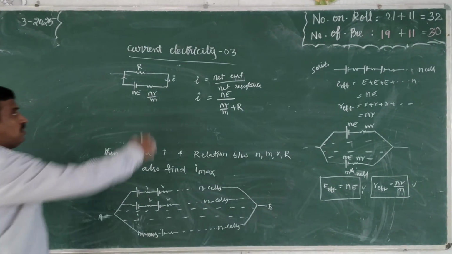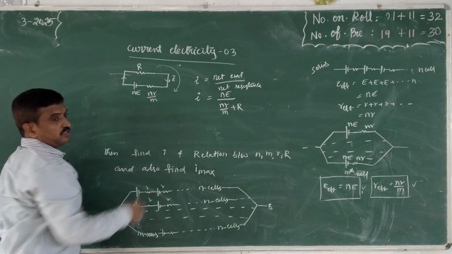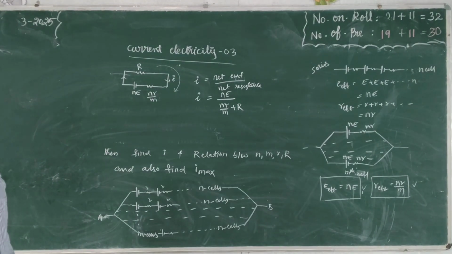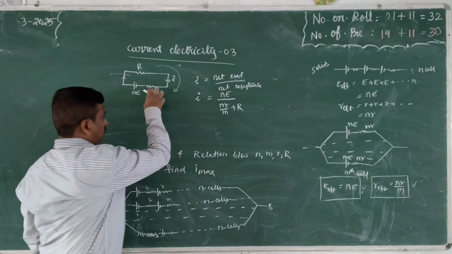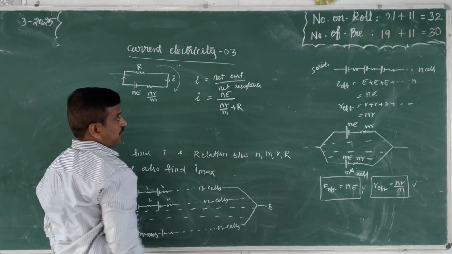Why? Because these are in series, so the effective resistance is R1 plus R2, where R1 is nr by m and R2 is R.